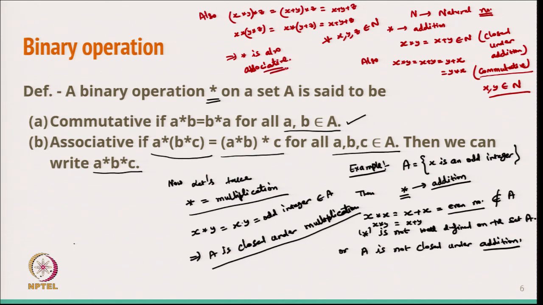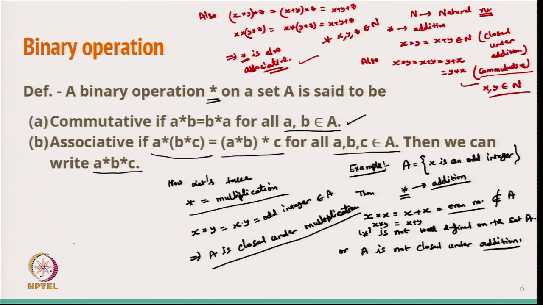The binary operation is said to be associative if this holds. So, it is associative in the case of natural numbers, where the binary operation we are taking is addition. So, in this case it is commutative as well as associative.